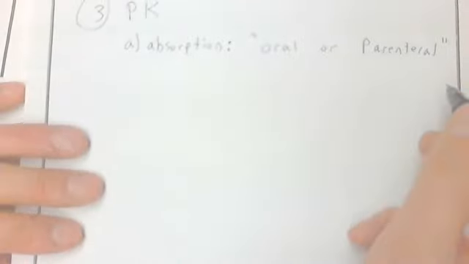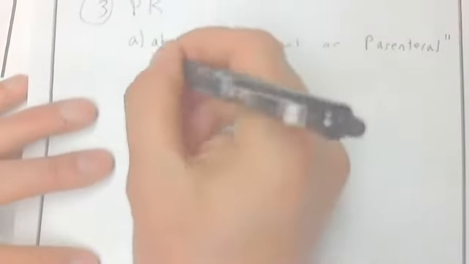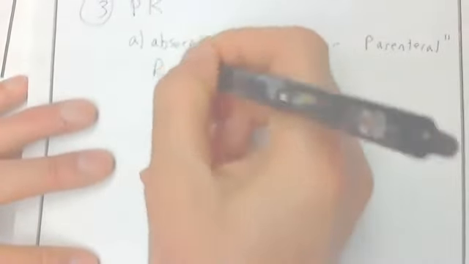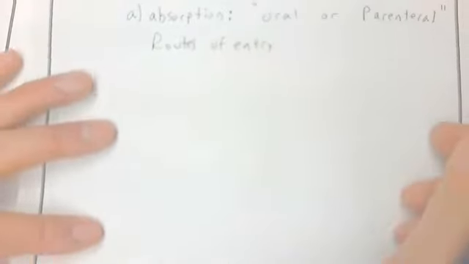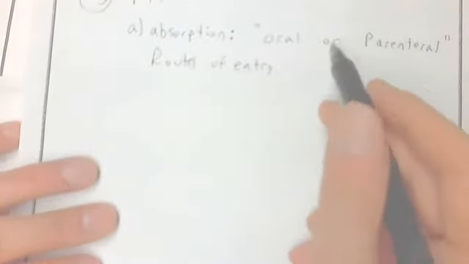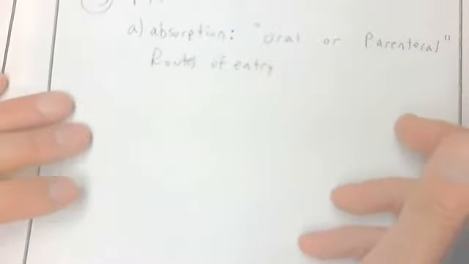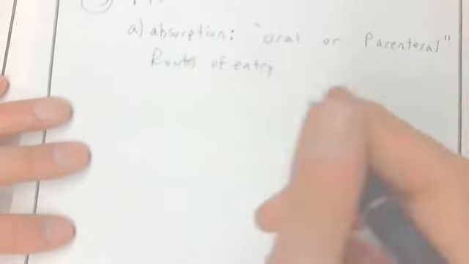Okay. Right. And these are routes of entry. So the drug gets into our body somehow. Sometimes drugs can be administered by different methods, depending on what sort of a therapeutic goal there is.